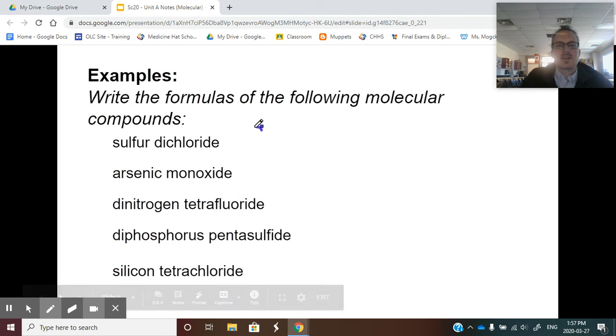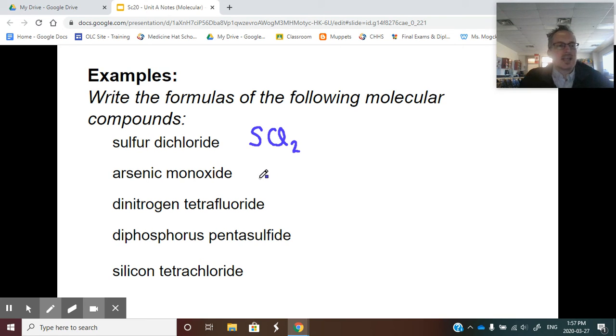So sulfur is S, dichlorine, Cl2 for di. Arsenic, oh my goodness, I gotta look this one up. Arsenic is As. Should know that one. Monoxide, so that's going to be an O for mono, just one of each of those.